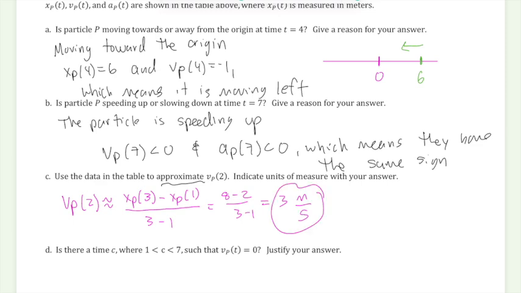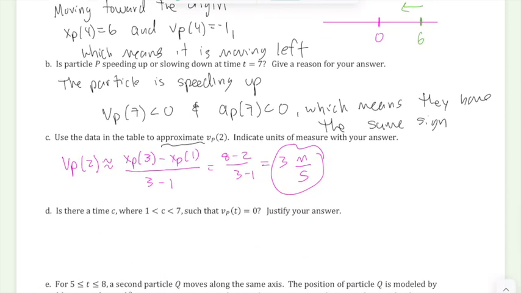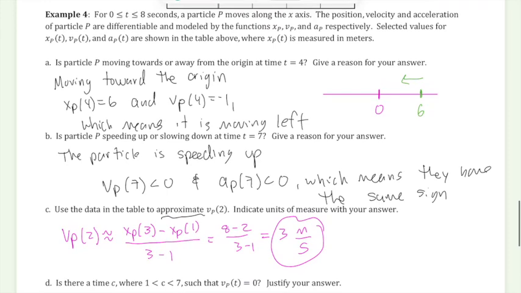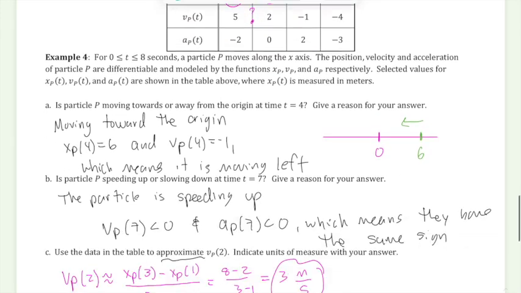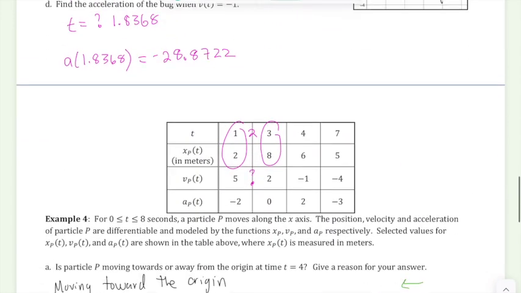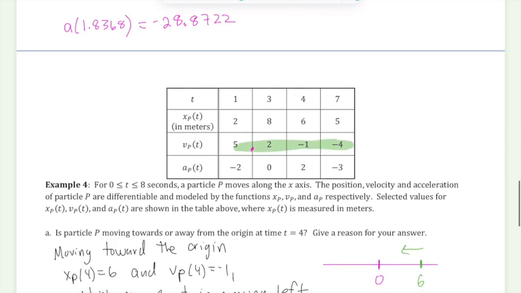Question D, is there a time c between 1 and 7 such that the velocity equals 0? Justify your answer. So this is going back to one of those existence theorems. So between 1 and 7, is the velocity equal to 0? Let's look at these values.